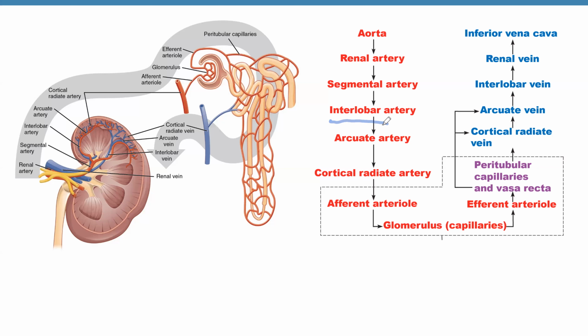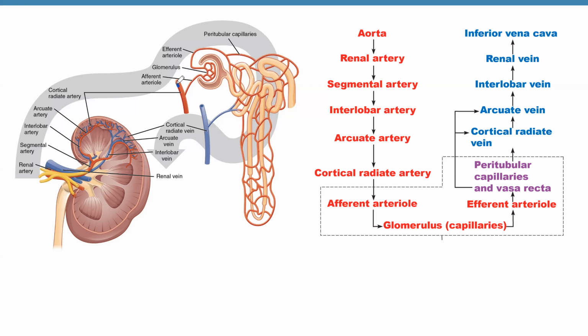Then arteries make these arches on a border between cortex and medulla, and we call them arcuate artery. And then we have arteries radiating from arcuate. Those are cortical radiate, right? Again, we have renal artery, segmental artery, interlobar artery, arcuate artery, cortical radiate arteries.